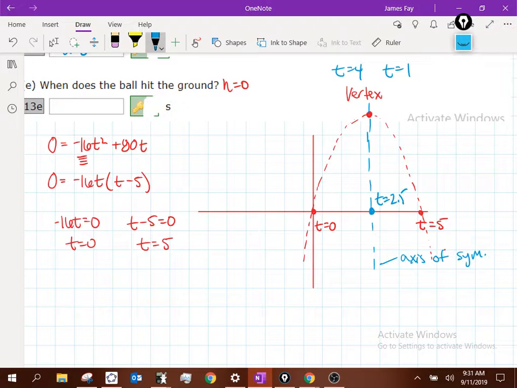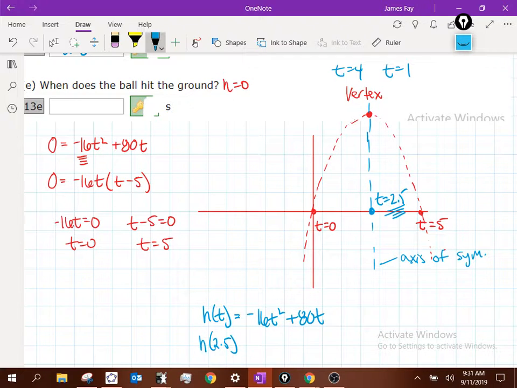So we get 2.5. Now we got to figure out the height. So we got to figure out H, okay? And this is the reason I like to write it as H of t. We know H of t, the height, is found by this formula. Well, do we have a time that we know we're going to reach our maximum height? So can I say H of 2.5?